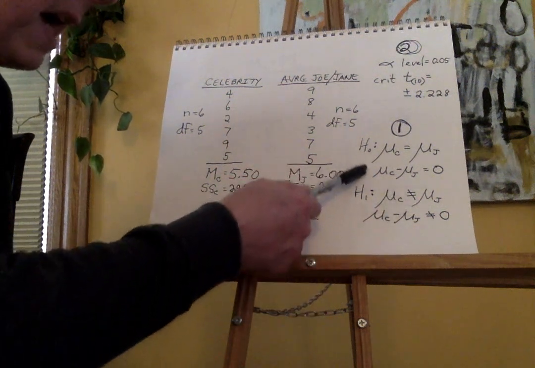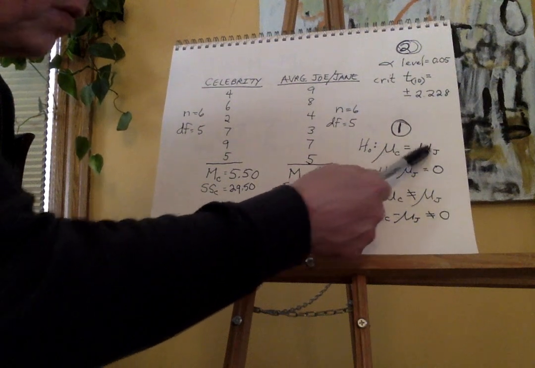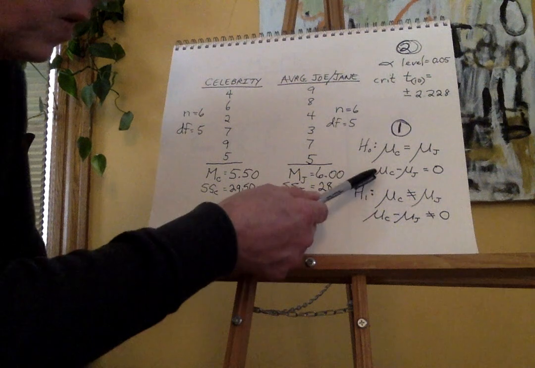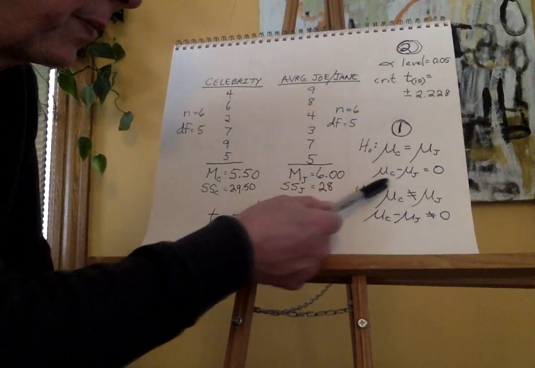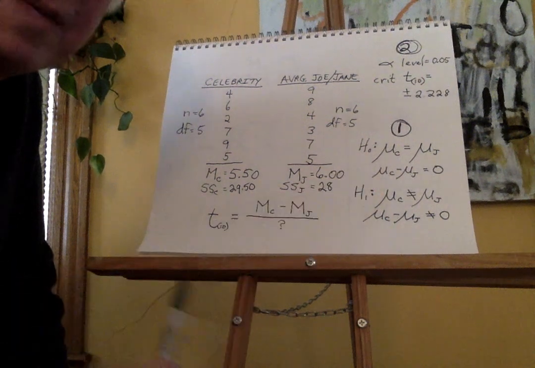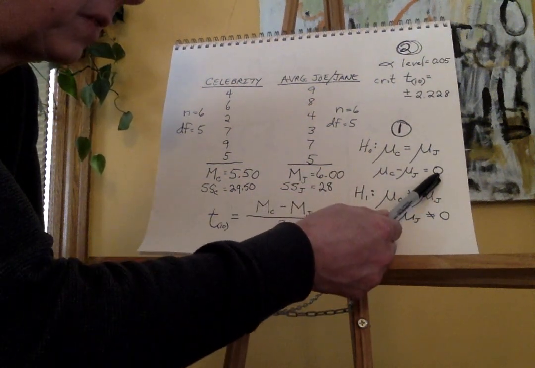So the null hypothesis would say that we're going to see equal ratings for the 2 groups, or we could say it this way: if we compare the two, remember subtraction is comparison, we'll get no difference.